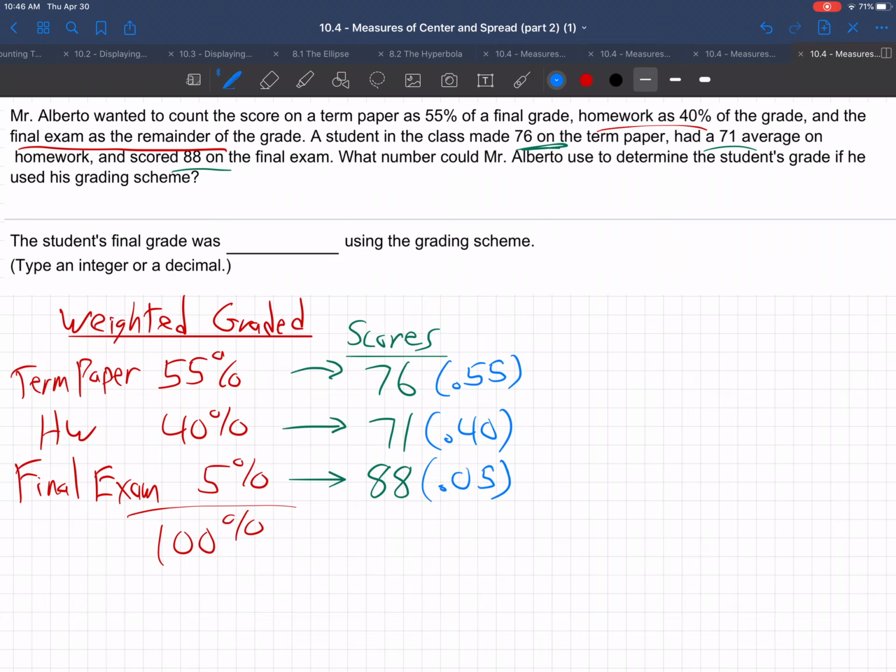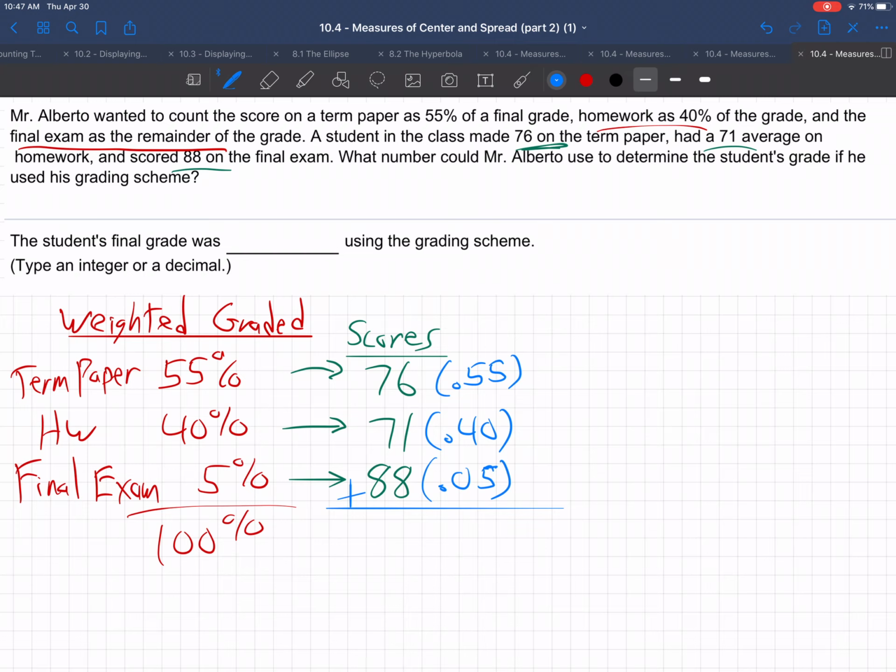Because you got to move the decimal back 2 places. And then we just add these up. So use your calculator, multiply those and add them up.